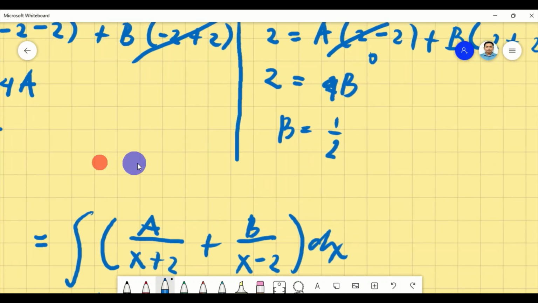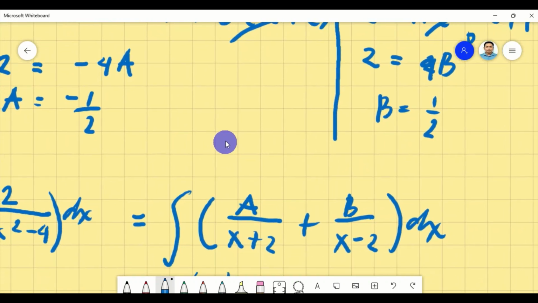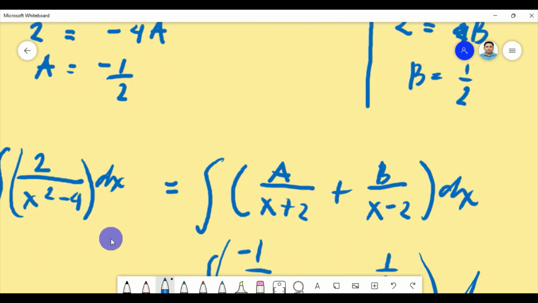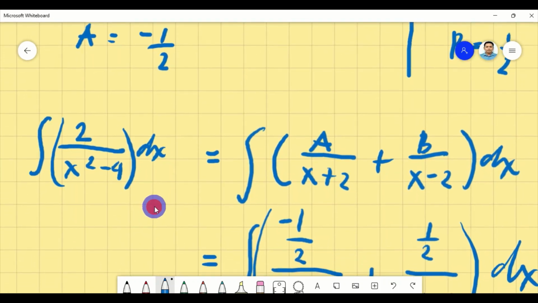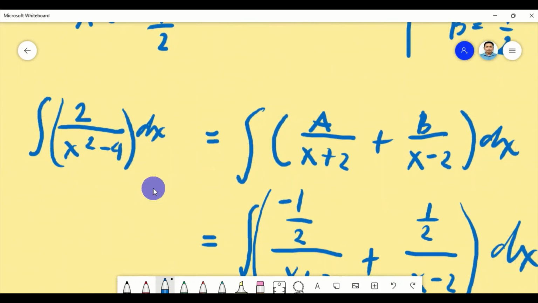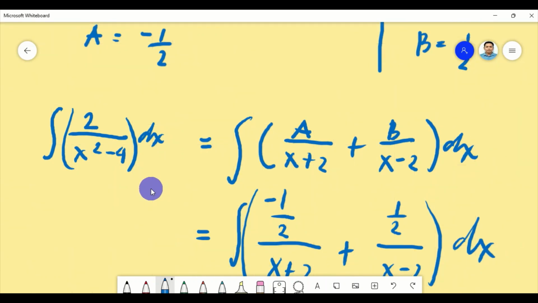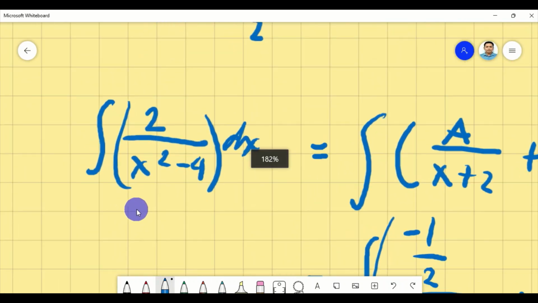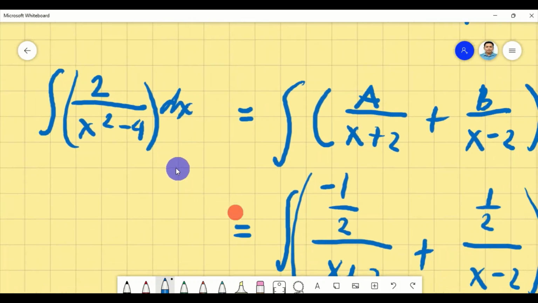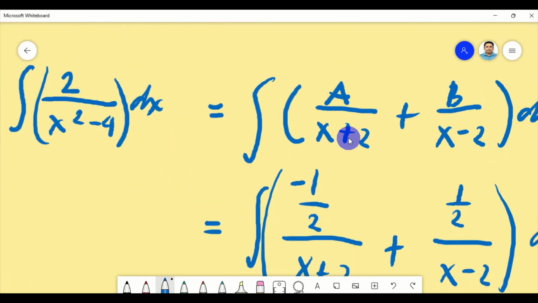Now that we are done solving for values of a and b, we can proceed to the integration process. It is in this part that we can apply our integration by partial fractions, because you can replace 2 all over x squared minus 4 by the expressions a over x plus 2 plus b over x minus 2.